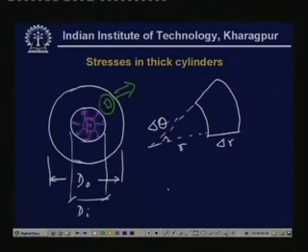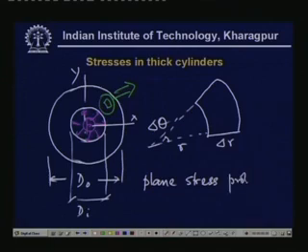So the stress along the z direction, if we consider this to be the xy plane, so the z direction will be perpendicular to the xy plane, is zero, and we call this a plane stress problem. This is for a very short cylinder, also for the disc.